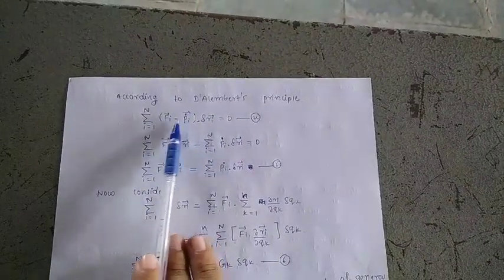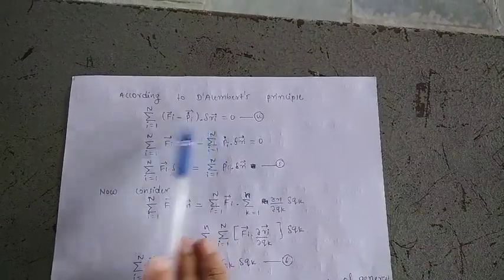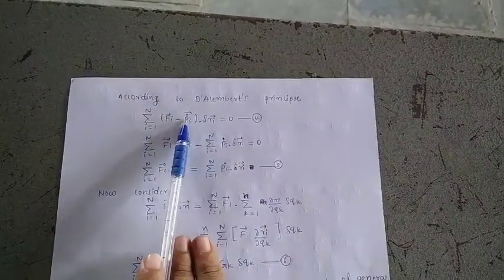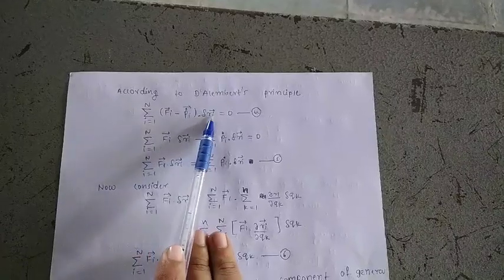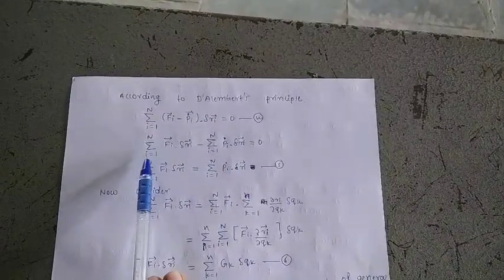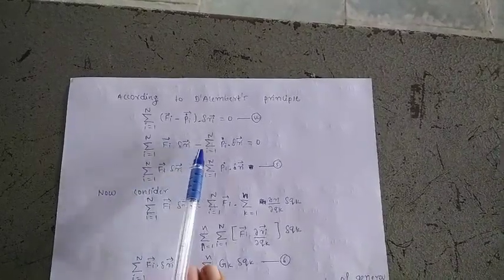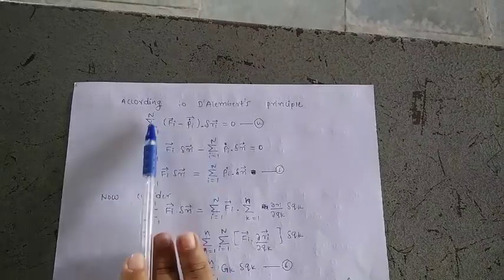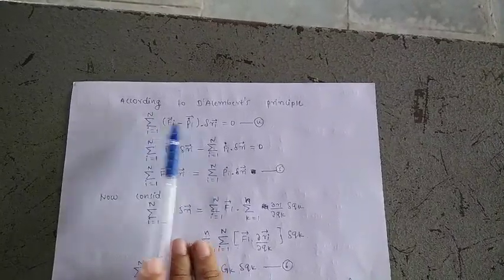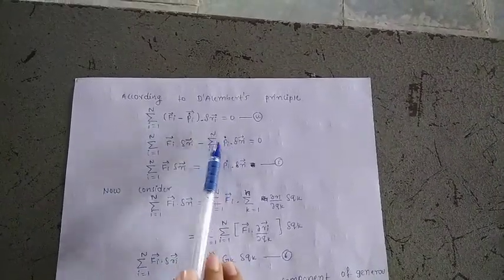Split this equation: multiply Fi with delta Ri as one term and multiply Pi dot with delta Ri as another term. The summation is for both terms. So summation over i is equal to 1 to n Fi into delta Ri minus summation over i is equal to 1 to n Pi dot into delta Ri is equal to 0.